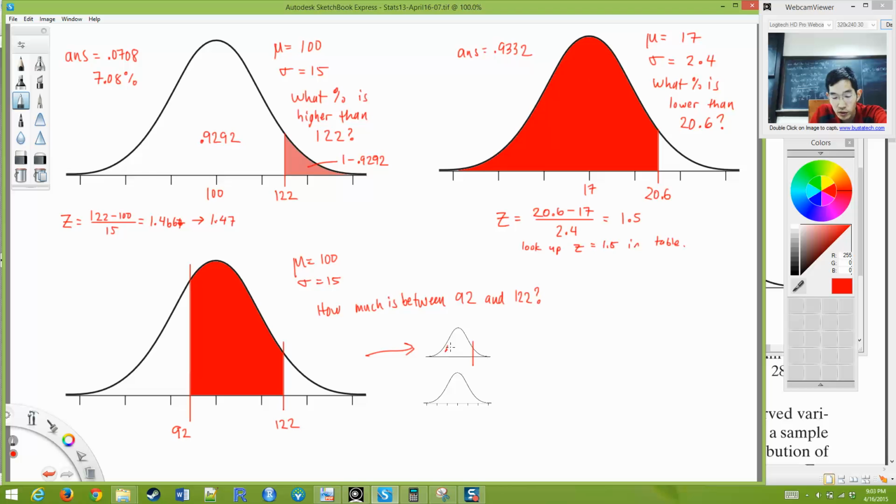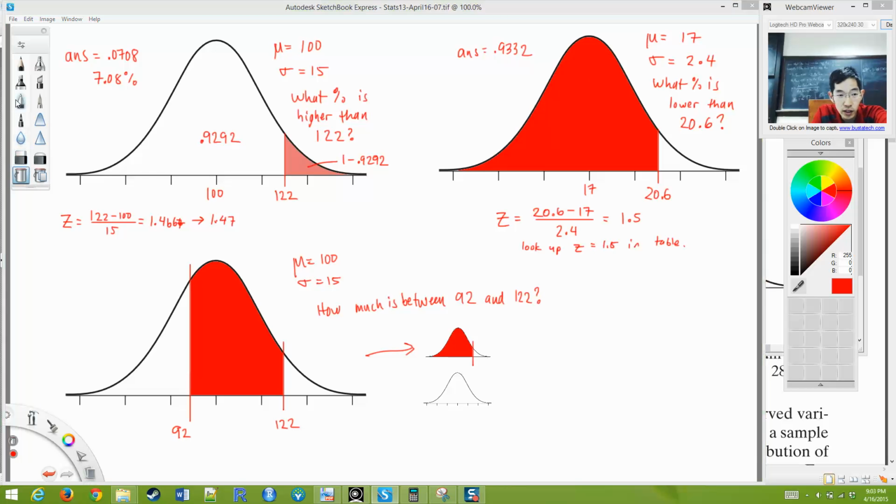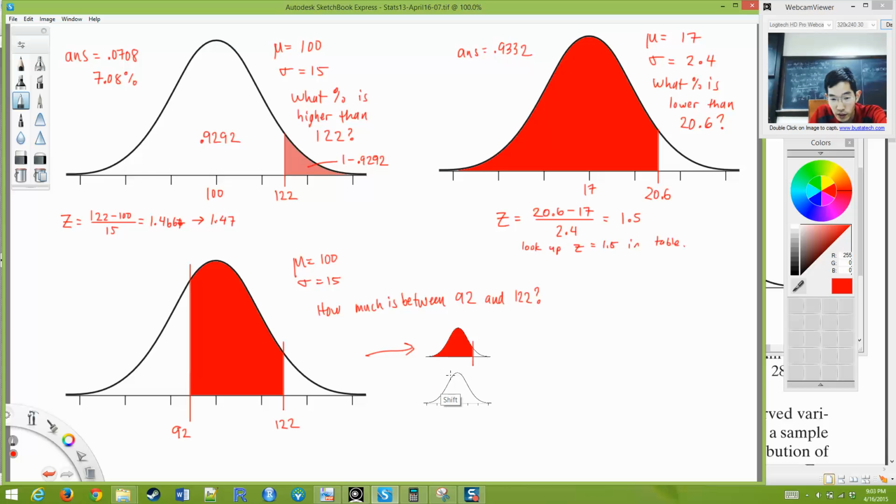Find this area first, and then I'm going to find the area to the left of 92, and say this thing is equal to this area minus this area. If I find the area to the left of 122 and I subtract off the portion to the left of 92, then what I will be left with is what's in between.